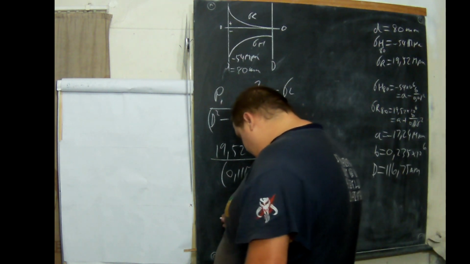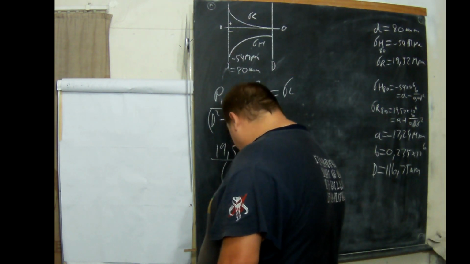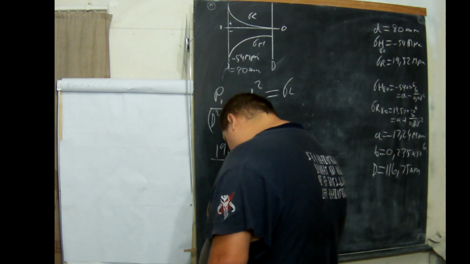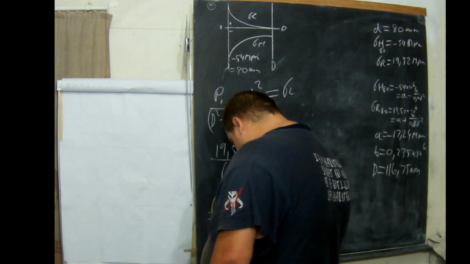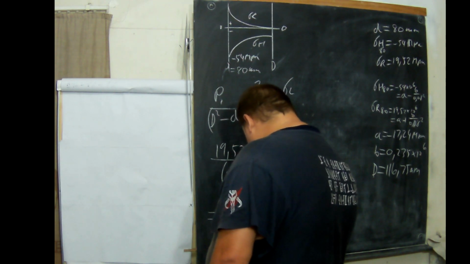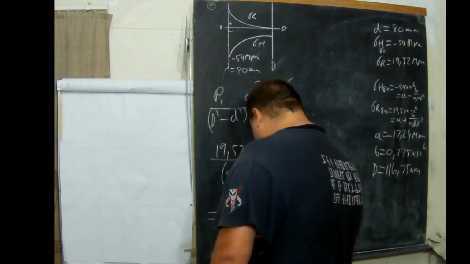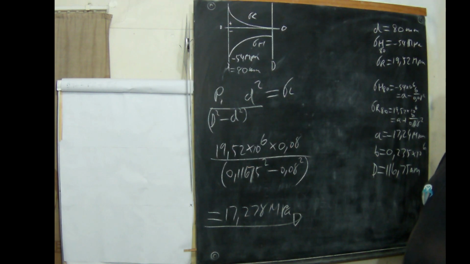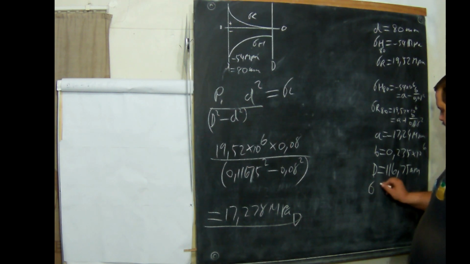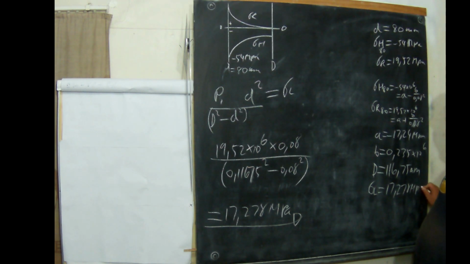Okay, all we need to do now is to calculate. Put that in your calculator, and you'll get 17,278 megapascals. That is our final answer. You just have to know your formulas. So, longitudinal, 17,278 megapascals.